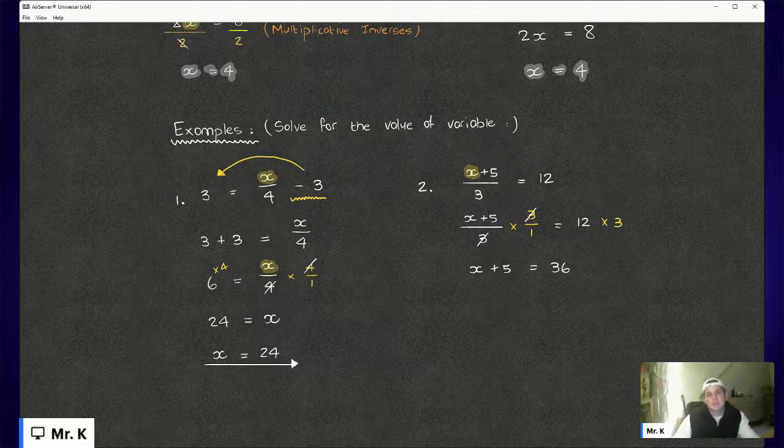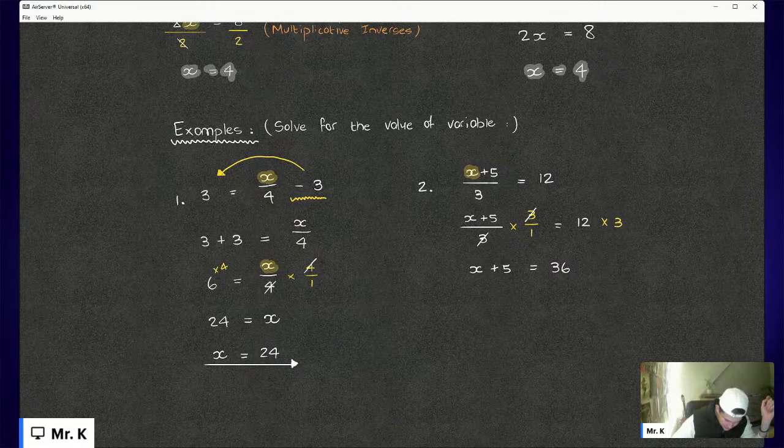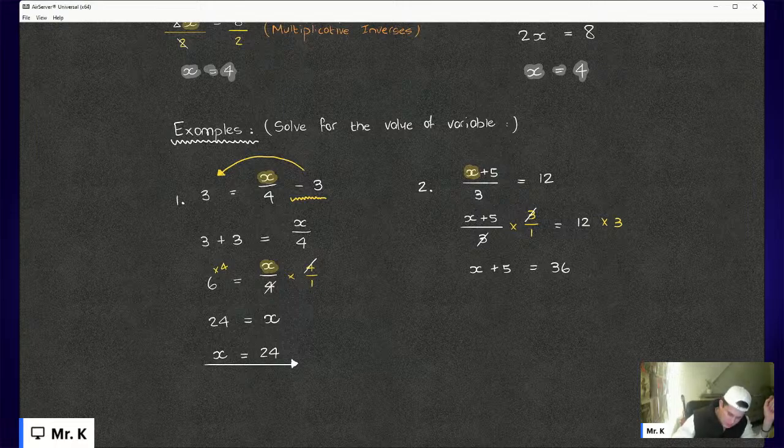Remember, when dealing with terms that are added or subtracted, when you move it over the equal sign, it will change its sign. So 36 minus 5 is going to give us 31. So the answer to equation number 2 is going to be 31.